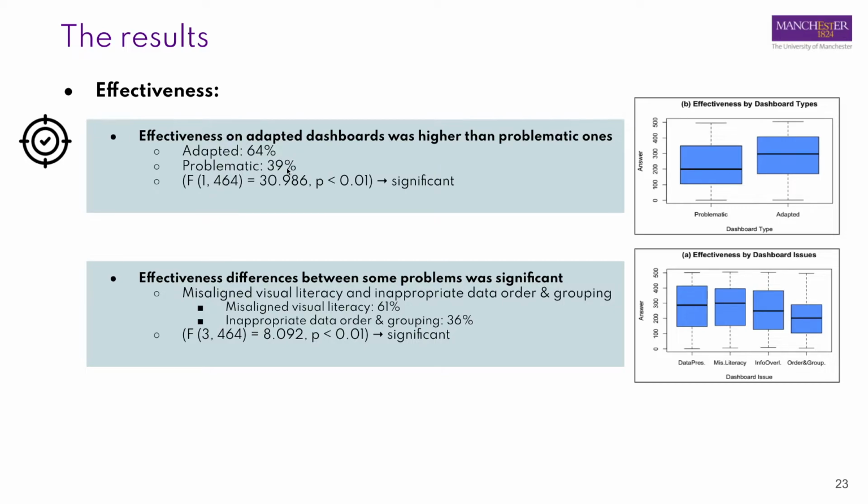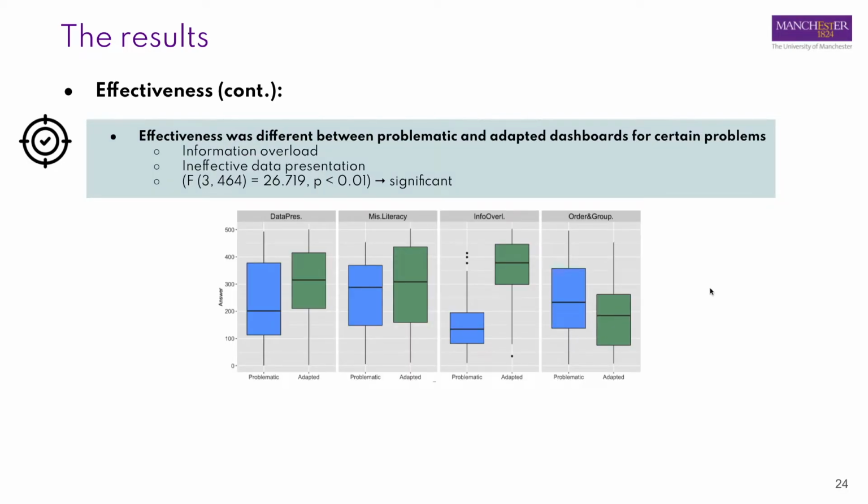We also found that effectiveness between some problems was significant, namely misaligned visual literacy problem and inappropriate data order and grouping. We also found significant differences between the adapted and problematic dashboards on two of the investigated problems. On the information overload, where the difference was clearly significant, and on the ineffective data presentation problem.